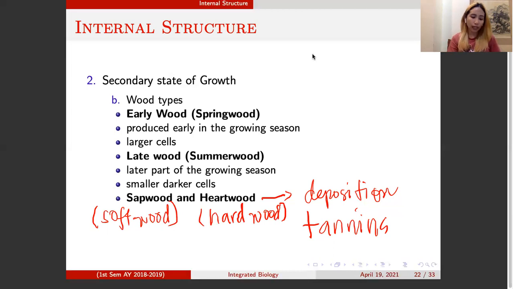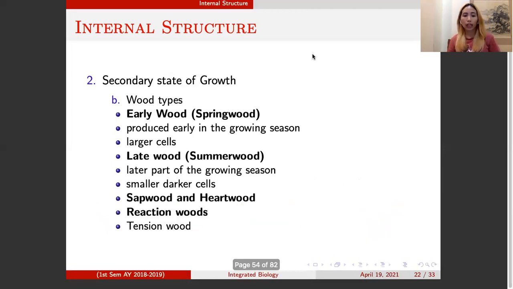Now, aside from this, mayroon din tayong tinatawag na reaction wood. Reaction wood has two different types. Okay, we have tension wood and compression wood. Tension wood, as the name suggests, it helps the plant, right, basically survive stressful conditions, right?